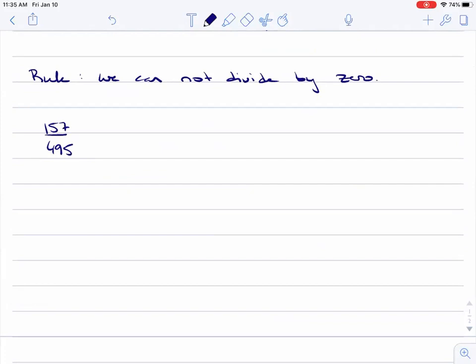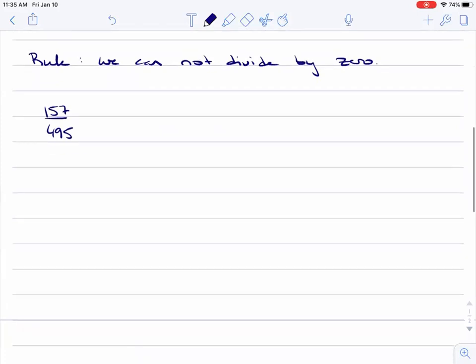I can do it on my phone. I'm going to go with 0.3171717. The only reason it probably rounded to 2 is because it's saying it just keeps going, 17171717.